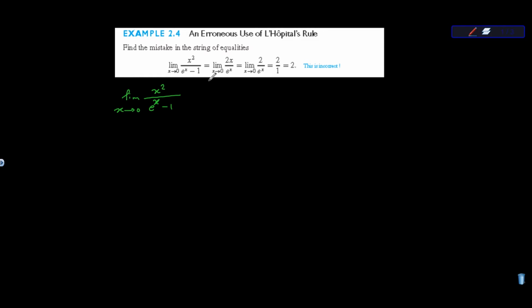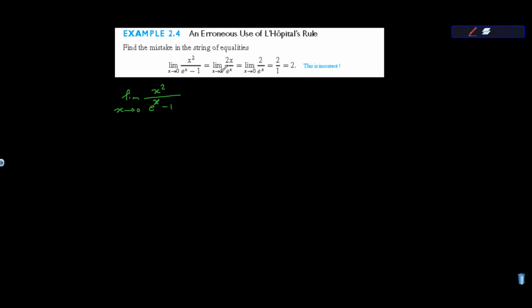I think here we apply l'hôpital's rule the first time, because here is the derivative of x squared, 2x, over the derivative of e to the power x minus 1, which is e to the power x, because the derivative of minus 1 is 0.